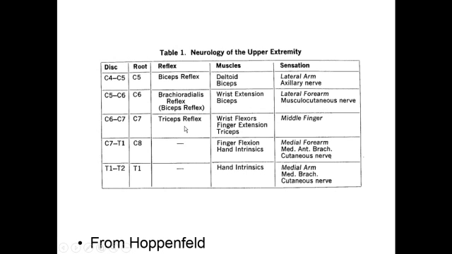At C7, there's a triceps reflex, and the triceps are the key muscles. C8 and T1 don't have any associated reflexes, and you can see that for C8, finger flexors, and for T1, I want you to focus more on the palmar and dorsal interosseous, or the intrinsic muscles. And then again, you can look at the dermatome chart for the area of sensory innervation.